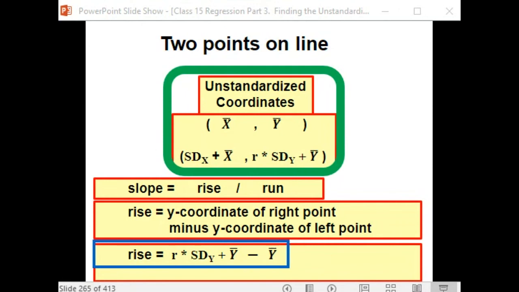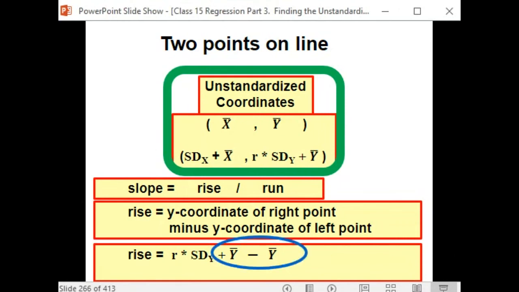The rise is equal to r times the standard deviation of y plus the mean of y and minus the mean of y. Now, of course, the mean of y minus the mean of y is 0. So this part of the equation disappears, and we're left with this equation. The rise equals r times the standard deviation of y.